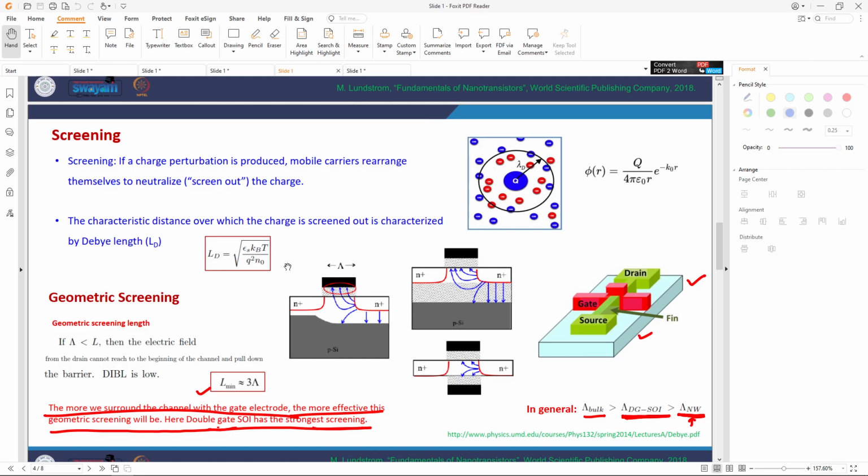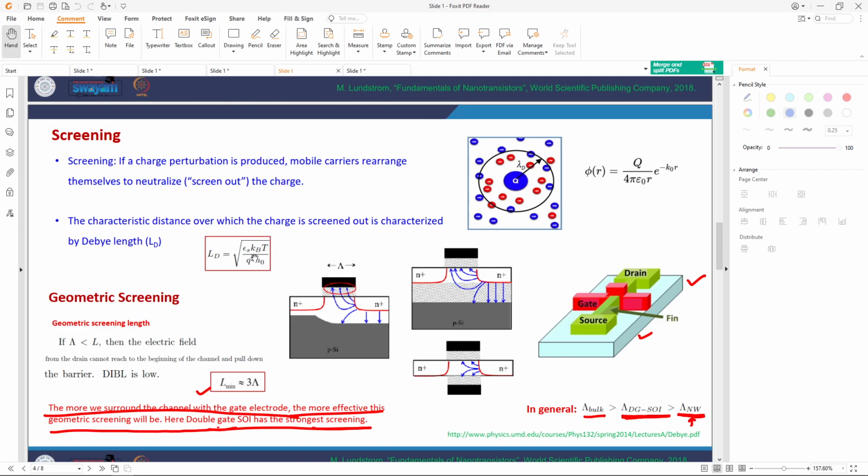The Debye length is given by this formula: epsilon s kBT by q square n naught, where n naught is the charge carrier concentration in the material. If it is doped, you are supposed to use that. If it is an intrinsic semiconductor, you are supposed to use the intrinsic charge carrier concentration.